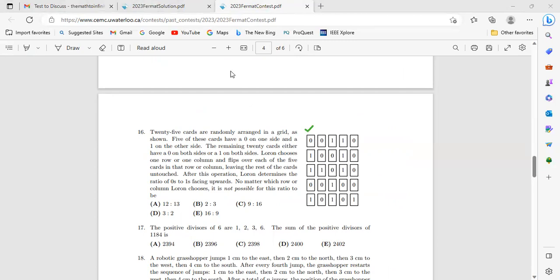So if he chooses this column, this has 2 zeros and 3 ones. For this one, 1, 2, 3, 4, 4 zeros and 1 one. If he is choosing this, 2 zeros and 3 ones, 4 zeros and 1 one.